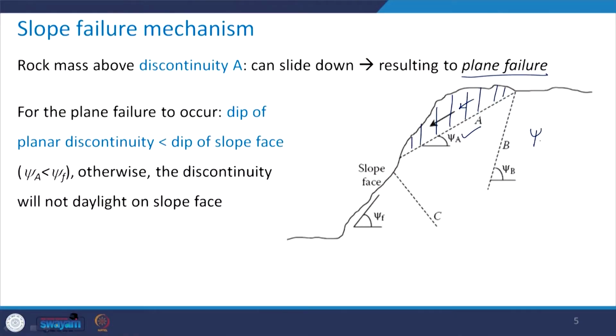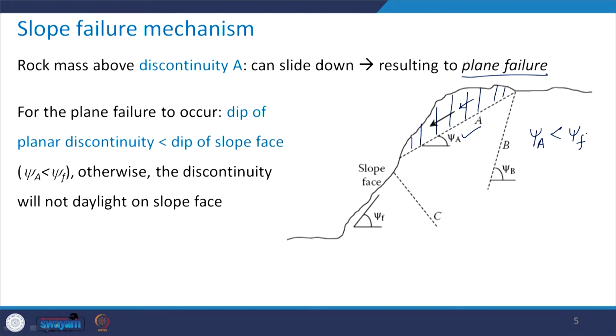So, the first condition is the dip of the discontinuity. What does that mean? That is psi A. That is the dip of the discontinuity, we are calling it psi A. It should be less than the dip of the slope face. That means it should be less than psi f, where f is face.